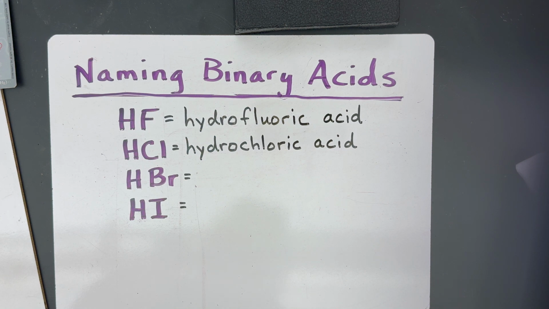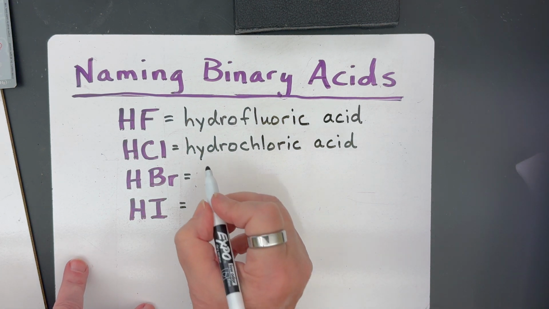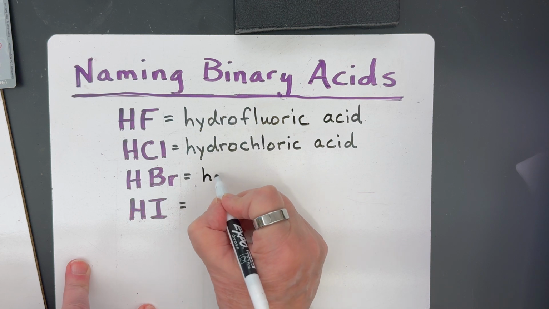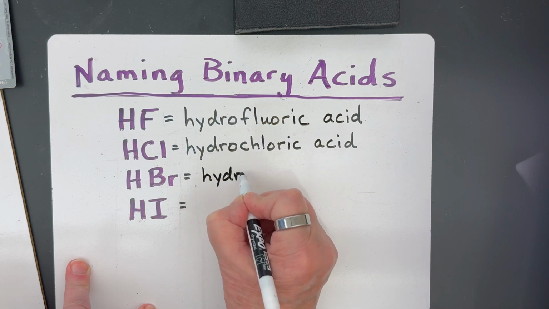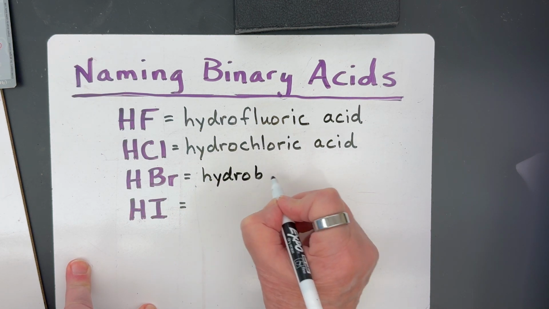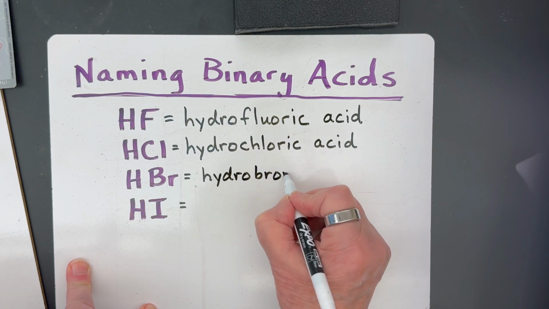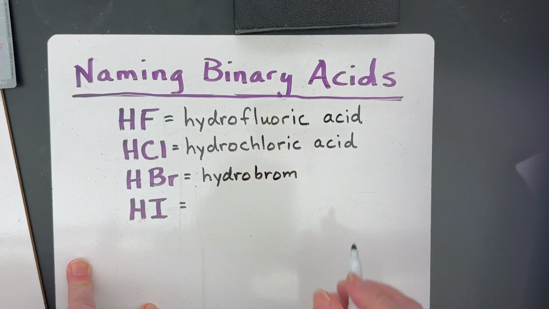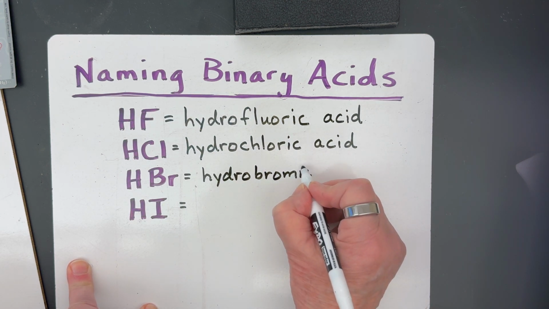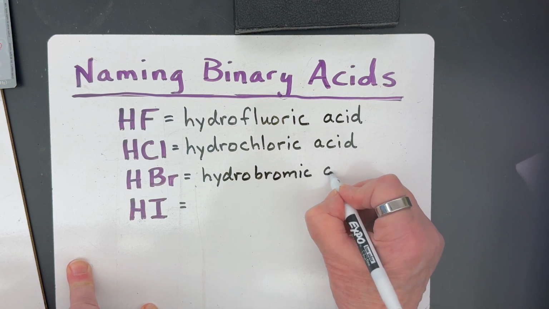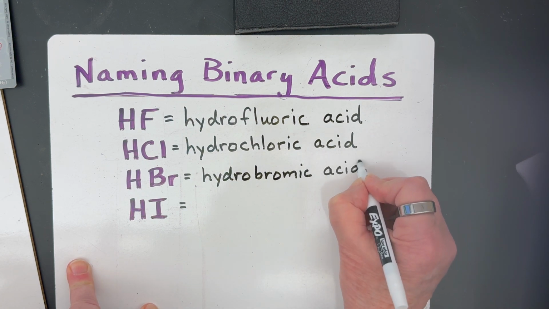You may want to pause the video for a minute and see if you can name our last two. Resume when you're ready to check. This one will be hydro bromine. We're going to take the brome, take off the INE, and put IC, hydrobromic acid.